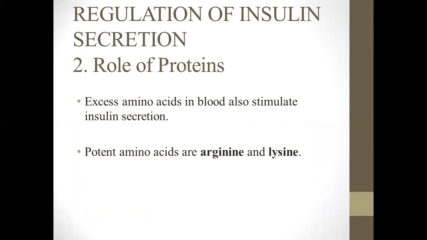So when the amino acid level in the blood is increased, the pancreas will secrete the insulin, and this insulin then causes the entry of the amino acid into the cell to be stored in the cell. The most potent amino acids are arginine and lysine. These are the two major amino acids which mostly cause the secretion of the insulin.